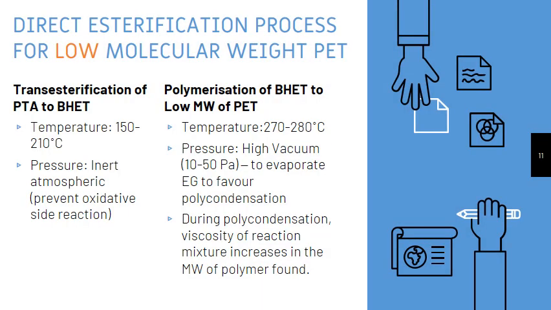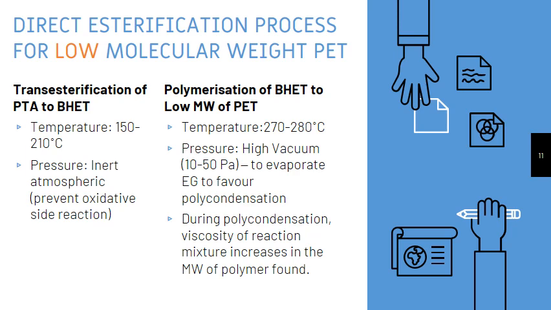And this is the direct esterification process for low molecular weight PET, where it undergoes trans-esterification of PTA to BHET at a temperature of 150 to 210 degrees C under inert atmospheric pressure. This is done to prevent any oxidative side reaction.